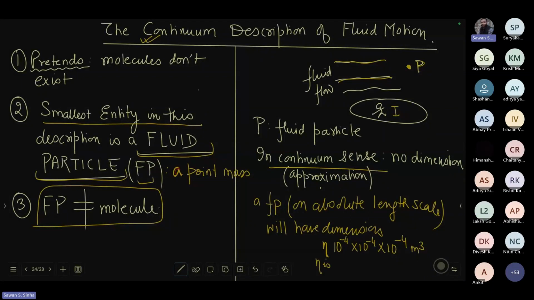Eta is a number close to unity. On absolute scale, this is the dimension of a fluid particle. Okay.